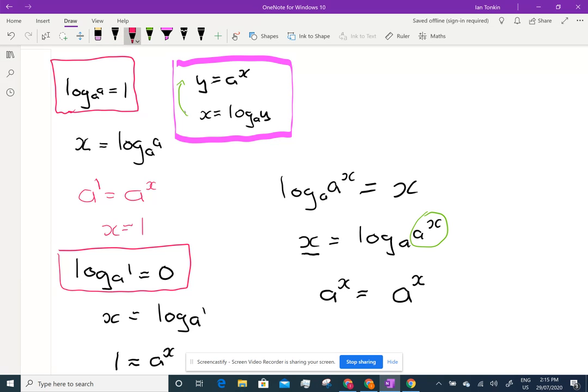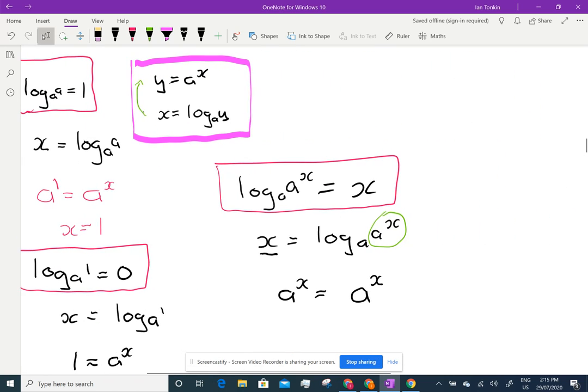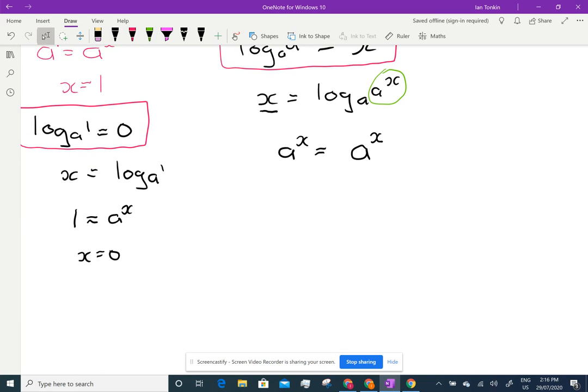Okay, well, that's cool. Now the last one, I don't tend to use the last one a lot. A to the log ax equals x. So log ax.